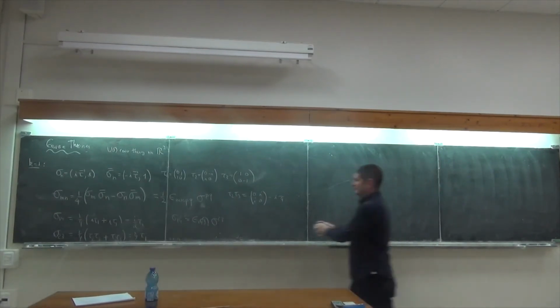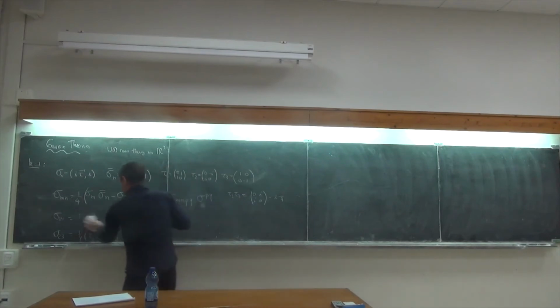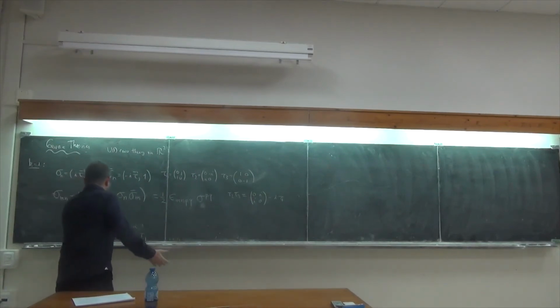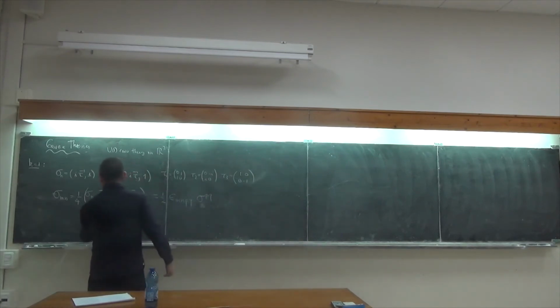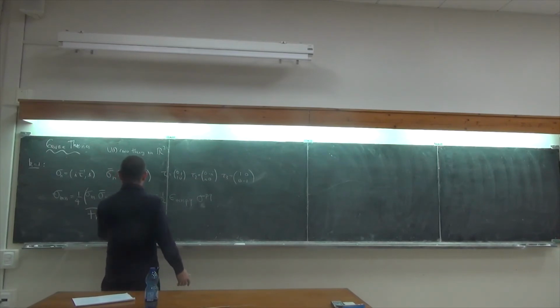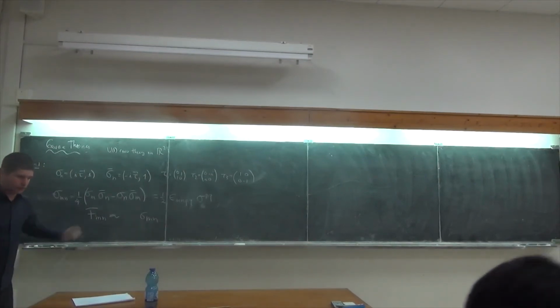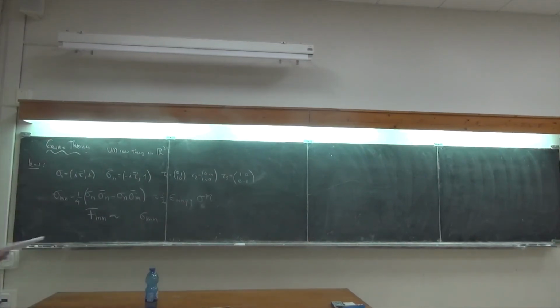Good. Then, how do I construct a self-dual connection? I look for a field strength proportional to this. I just look at F_n, any function, times sigma n.